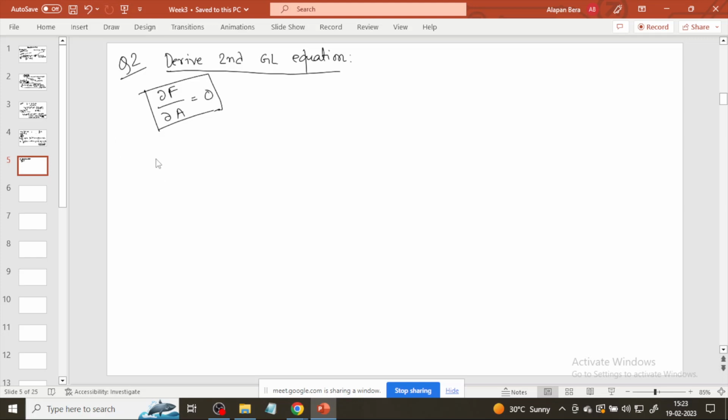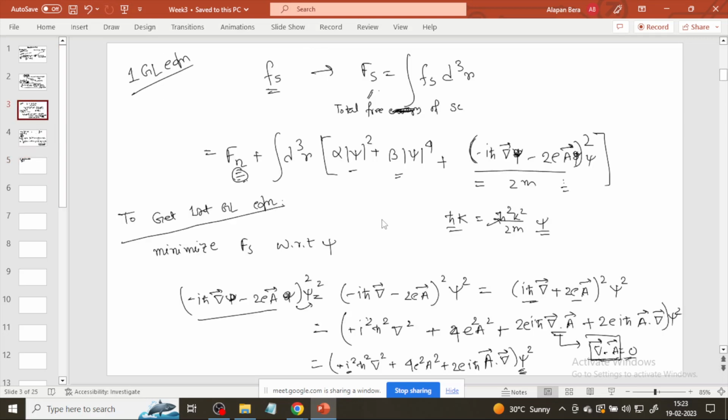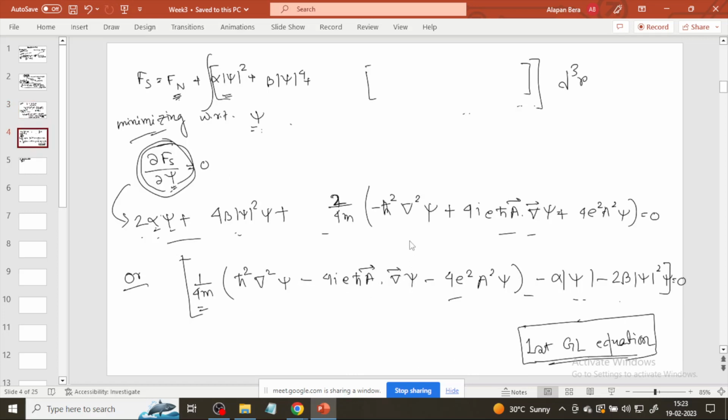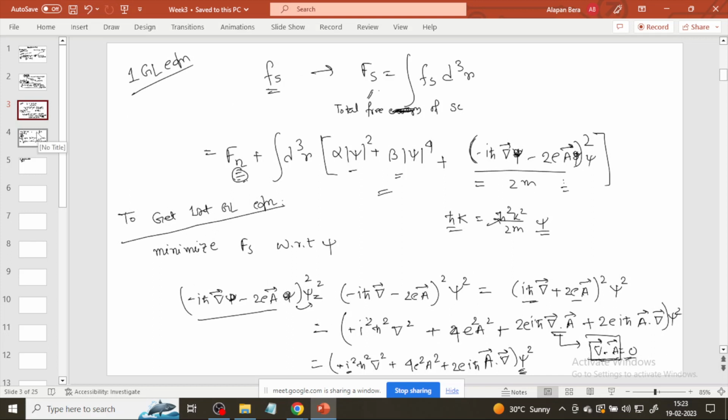So we have this equation in our hand, and after modifying this and putting it back into this, we now have the final equation like this.